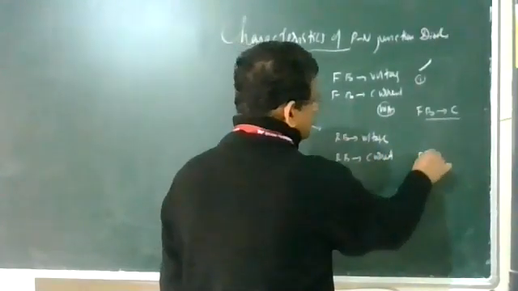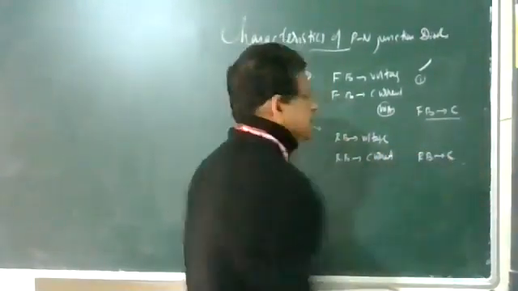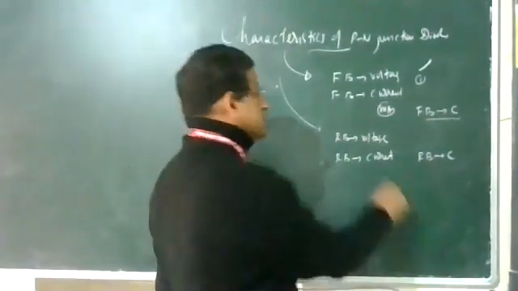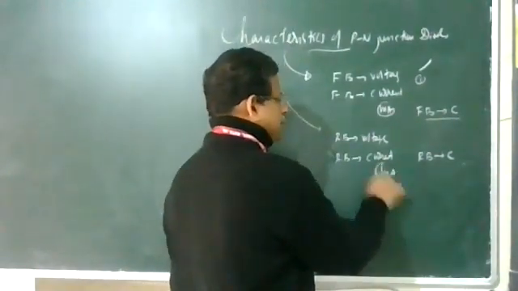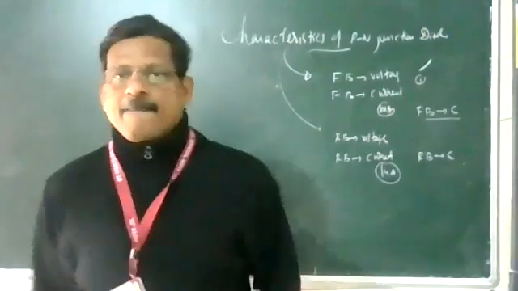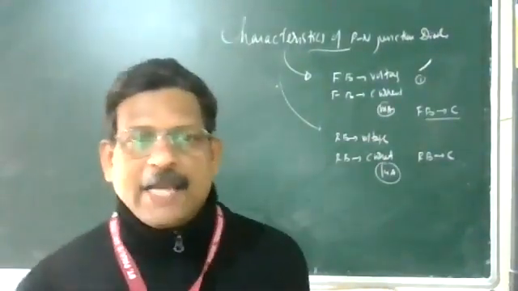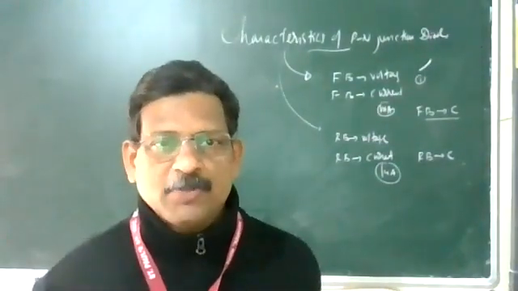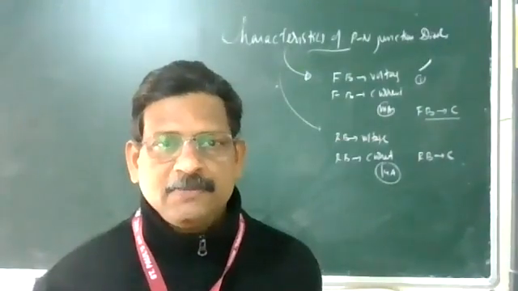It is known as the RB characteristic, the reverse bias characteristic. Reverse current is usually in microampere.